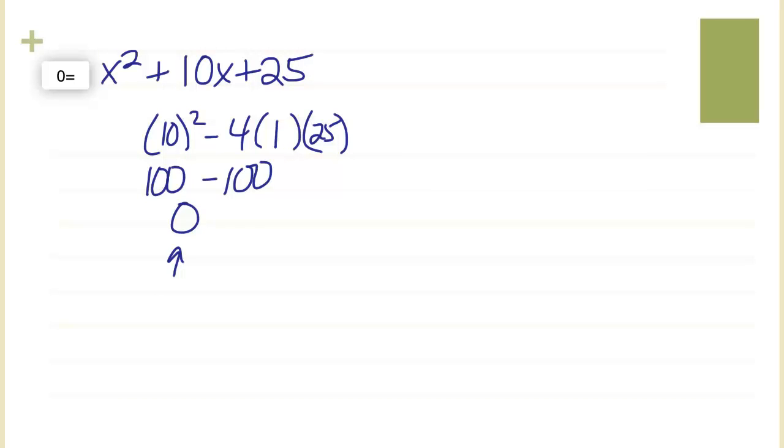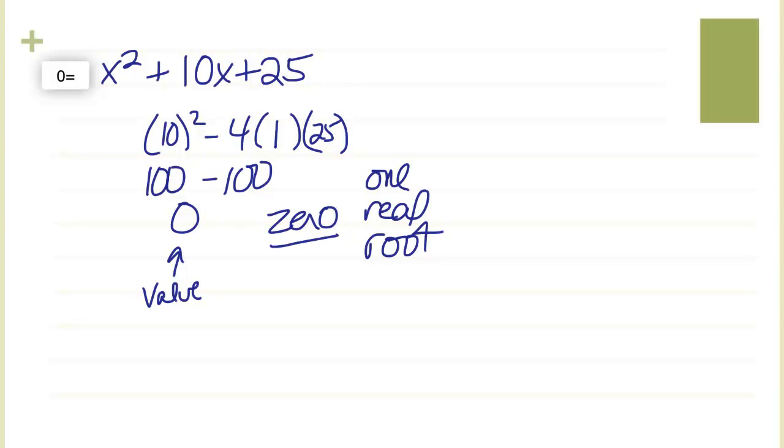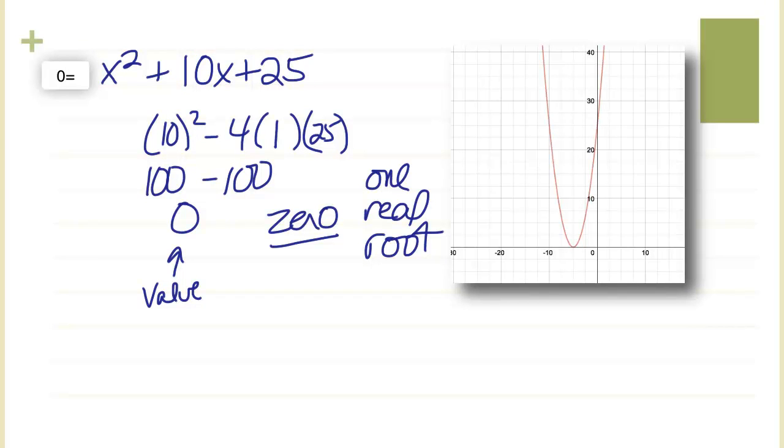So again, this is the value of the discriminant, but our big important thing is it's 0, so there is 1 real root. Okay, and there you can see what a graph of that would look like. And you can see that it's the kind that just bounces off the x-axis or sits on top of the x-axis.